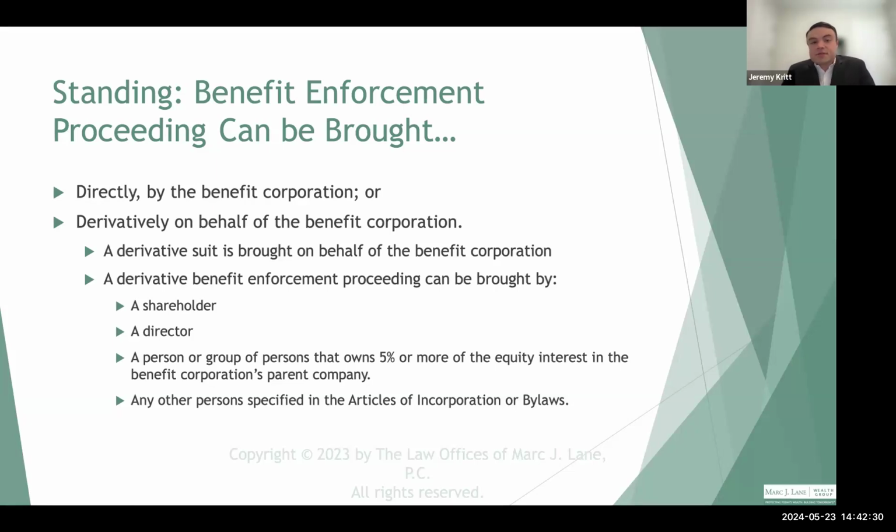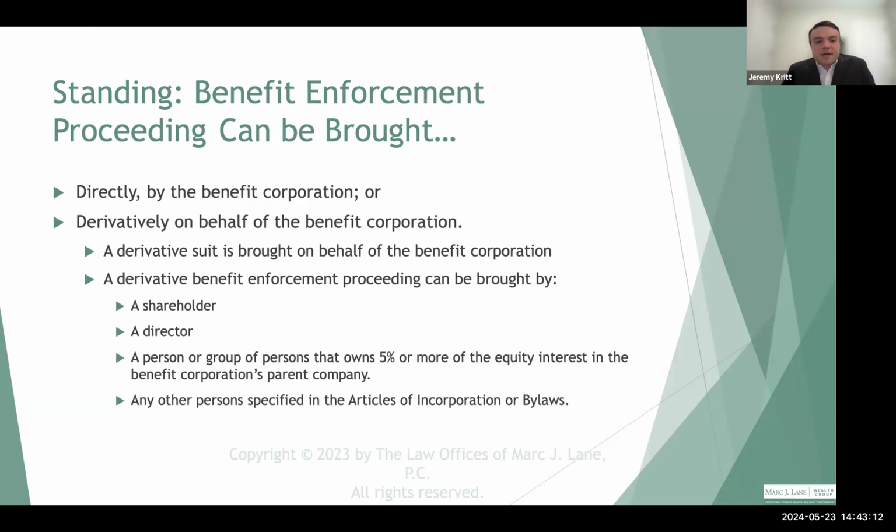A benefit enforcement proceeding can be brought directly by the benefit corporation, or it can be brought derivatively on behalf of the benefit corporation. A derivative lawsuit is a suit that's brought in the name of and on behalf of a corporation. A derivative benefit enforcement proceeding can be brought by a shareholder, a director, a person or group of people that own 5% or more of the parent company, or any other person specified in the articles of incorporation or bylaws.